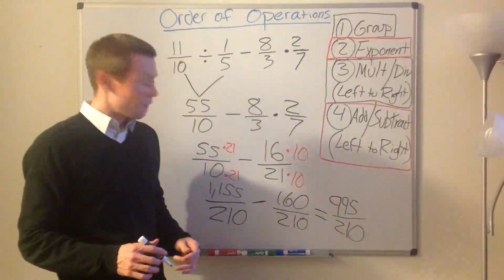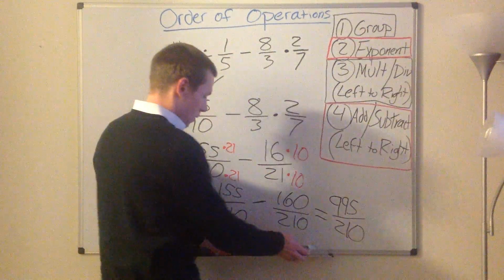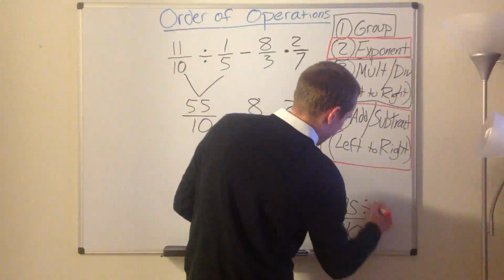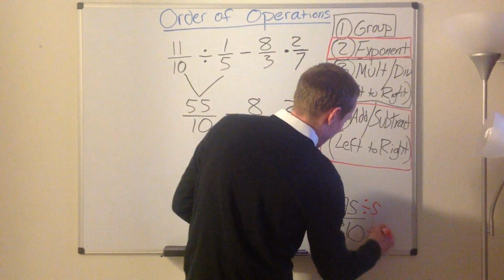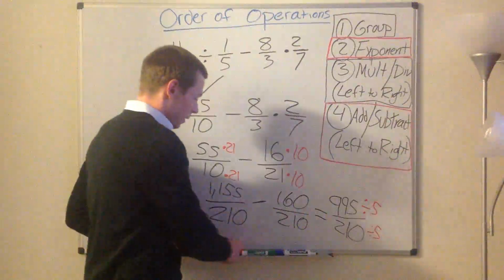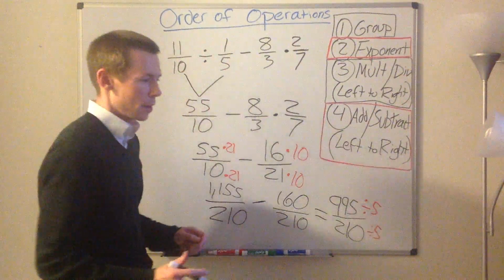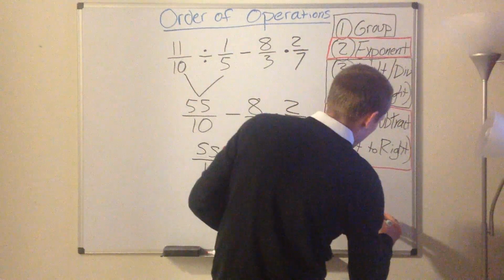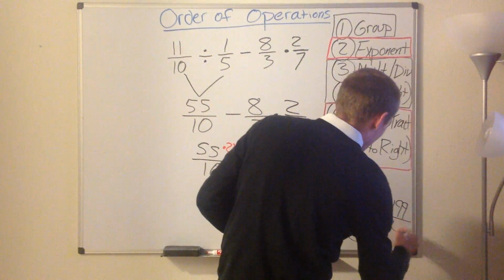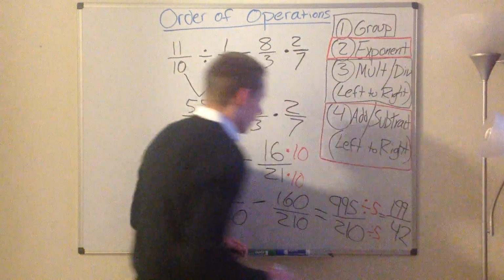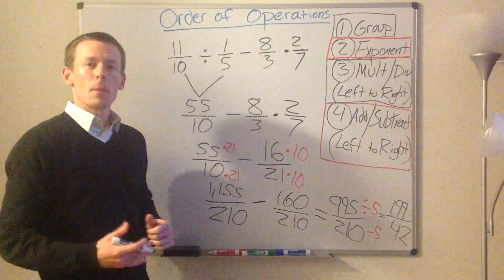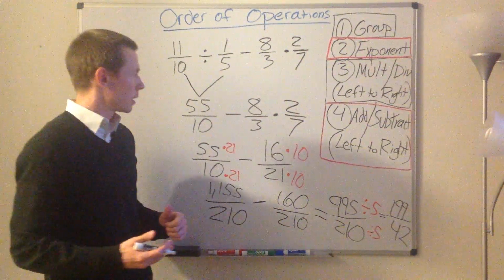And I think that's 5. So we're going to divide both the top and bottom by 5, and it comes out to 199 over 42 is what MyMathLab would accept in this case.